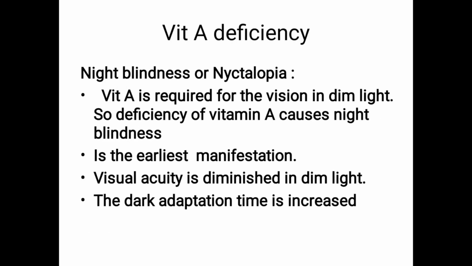So next, the earliest manifestation is nyctalopia. The earliest manifestation or sign of vitamin A deficiency is night blindness. This may be asked as a one word or multiple choice question, one mark.